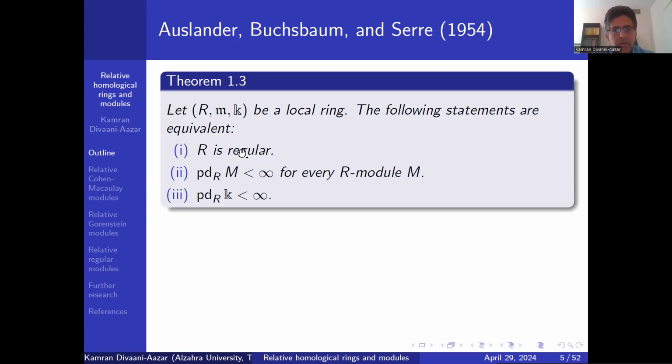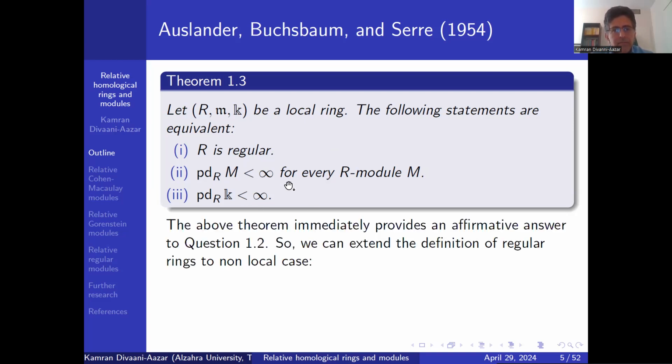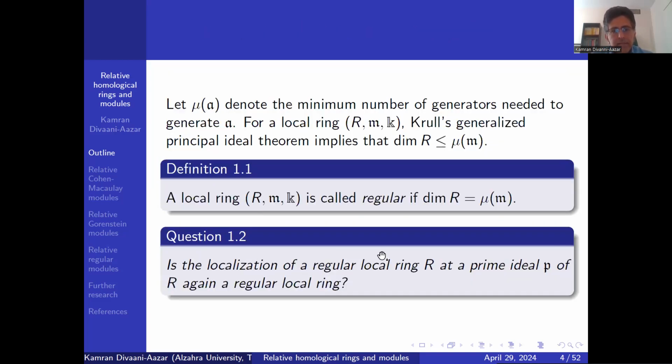So regularity has a geometric nature, but by this characterization, it also has a homological nature. So this is the starting point for homological modules and rings. And using this, we can easily answer this question. It's just an exercise to solve this question by using this theorem.